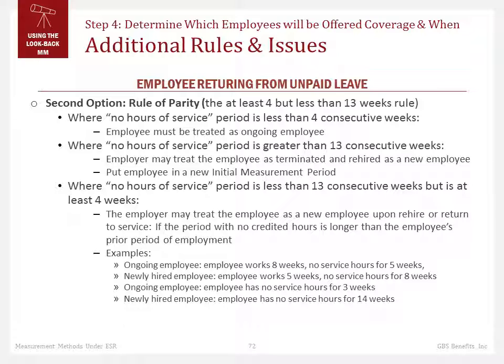So if the period of time that the employee was gone is greater than 4 consecutive weeks, but less than 13 consecutive weeks, you've got to do some math. And what happens is whichever number is higher wins. For example, if the period of time that they were gone is greater than the period of time that they were there with you in that cycle, then they would be considered a newly hired employee when they return.